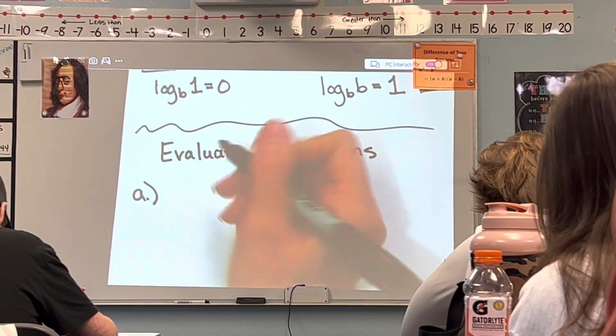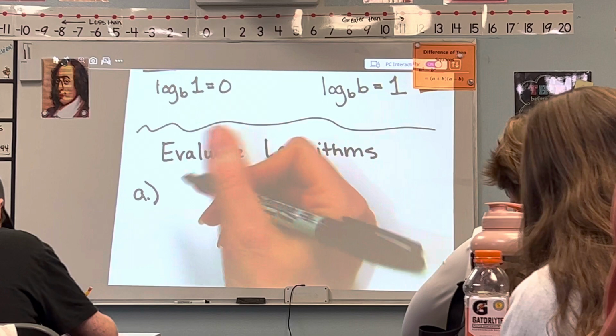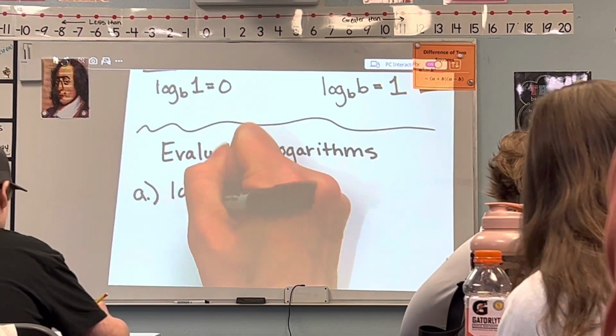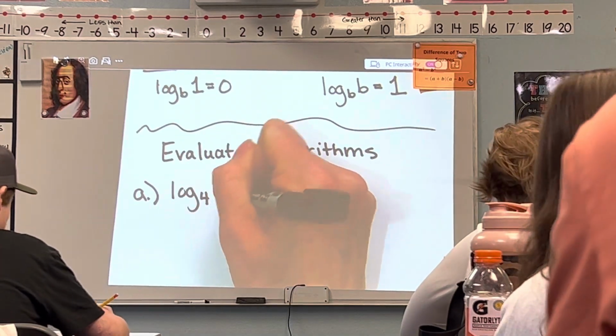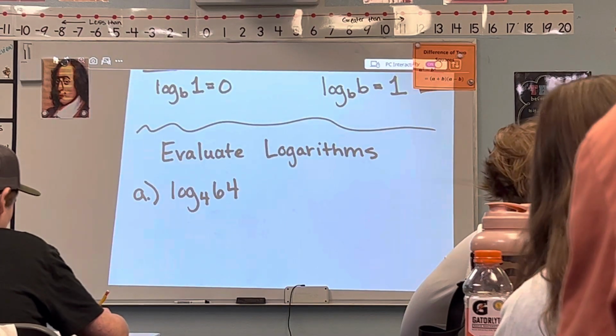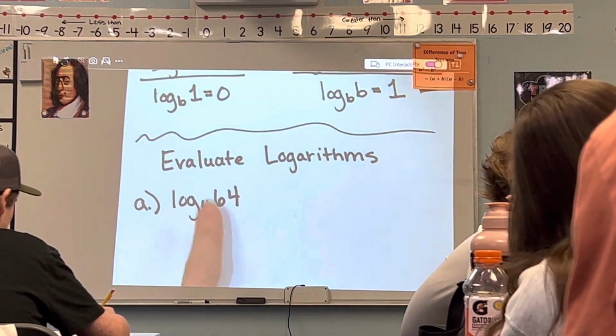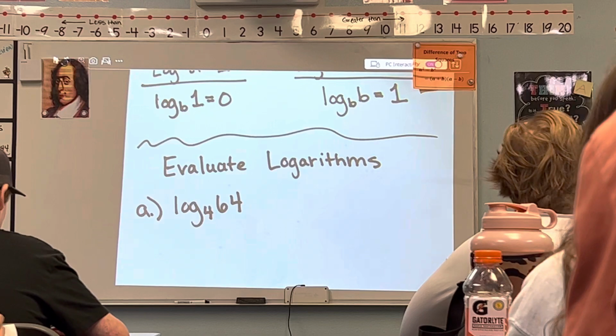Evaluating logarithms without a calculator, okay? Some people are gonna struggle. Log base 4 of 64. If you think about what you are asking yourself when you see this, if I said evaluate this, what does that equal?